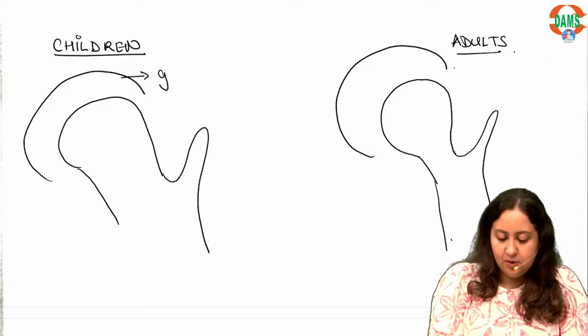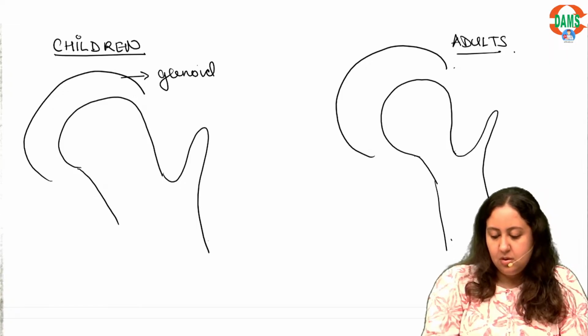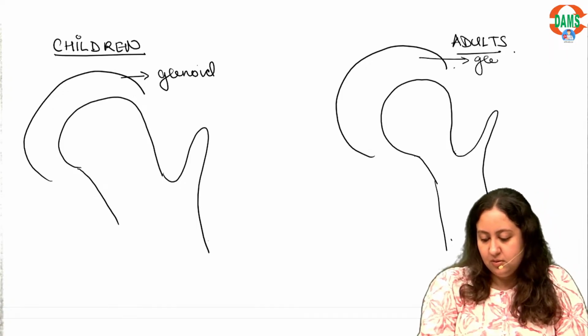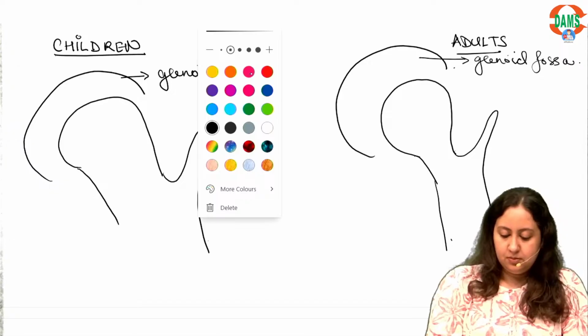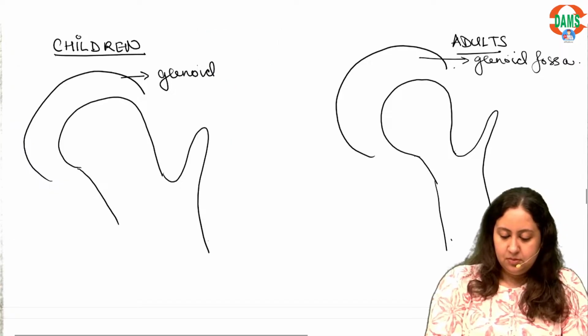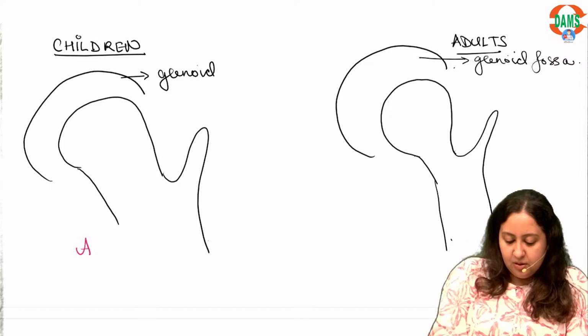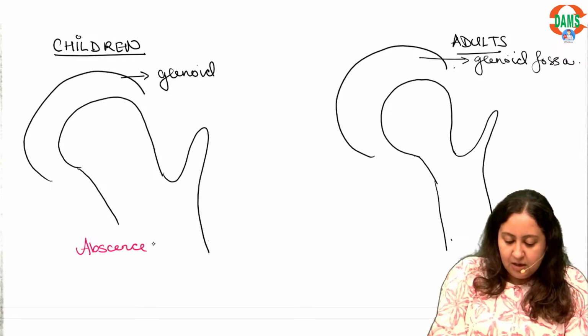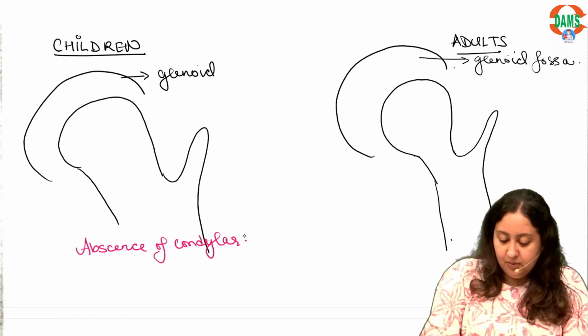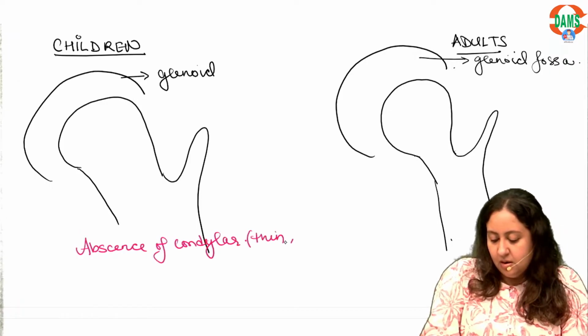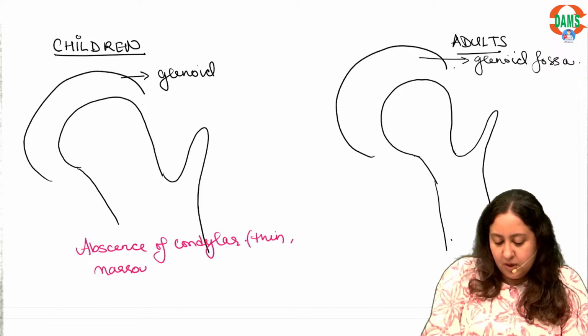So this is the glenoid fossa and this is the glenoid fossa. So what is happening over here? Absence of condylar neck. So the child does not have a thin, narrow condylar neck.